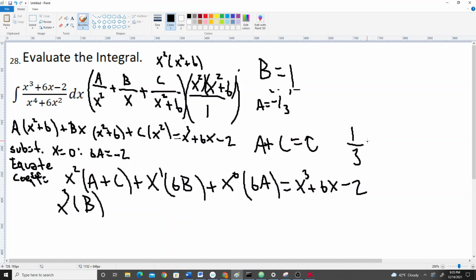The x squared coefficient turns out 0, and a is negative 1/3, so add that over. So c is 1/3. Alright, we found all the coefficients. Now we're ready to plug them in. I'm going to clear up more space.